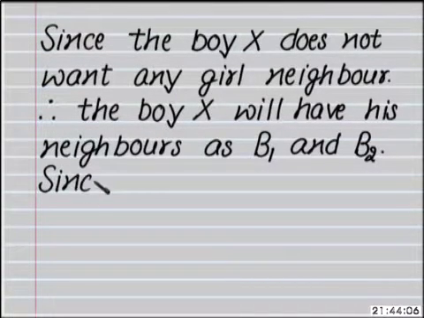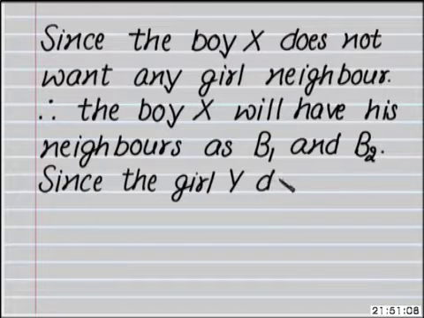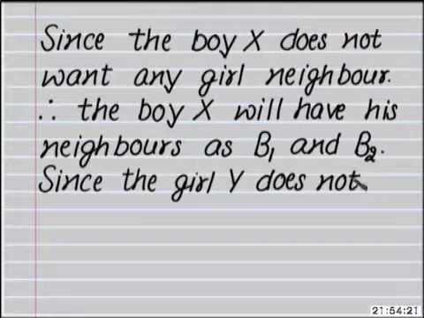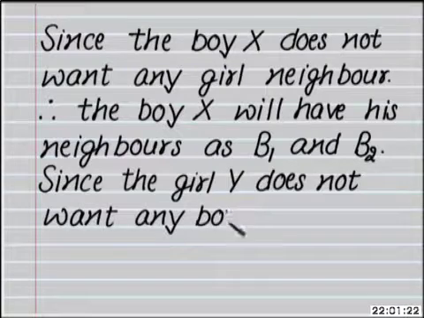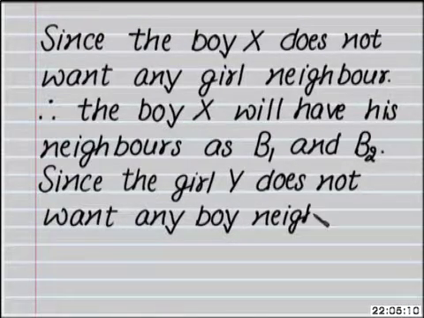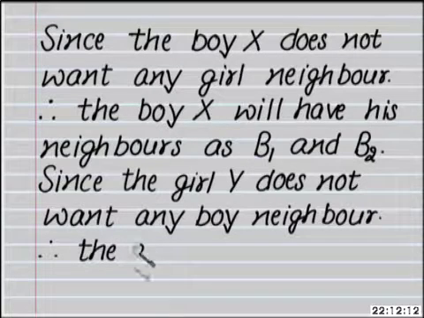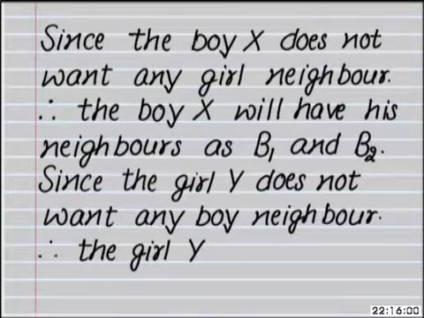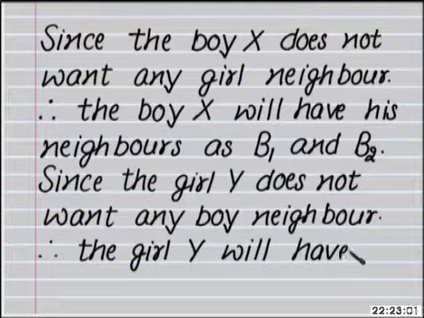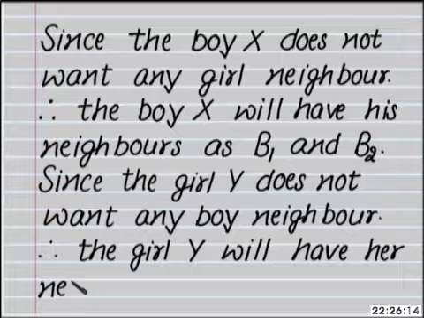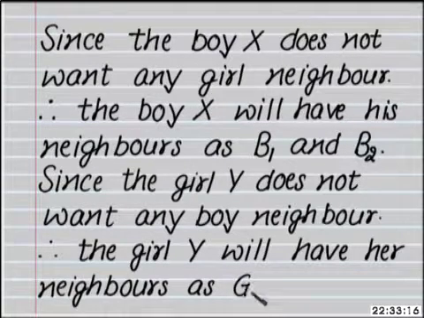Since the girl Y does not want any boy neighbor, therefore the girl Y will have her neighbors as G1 and G2.